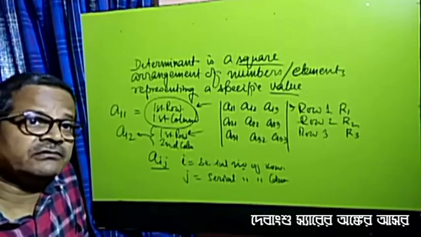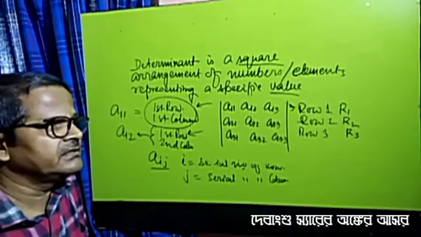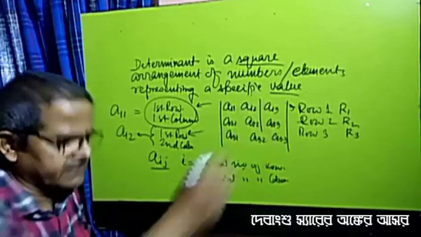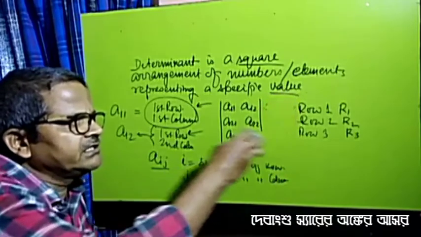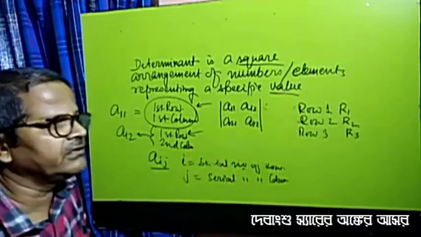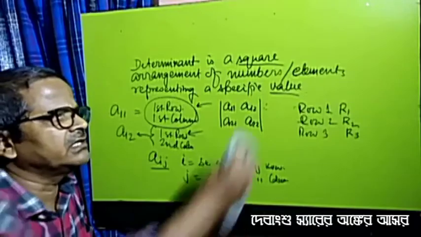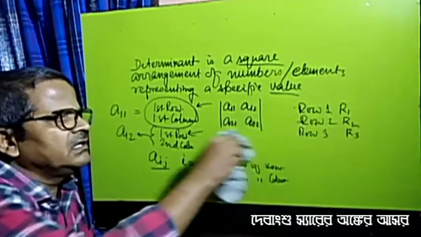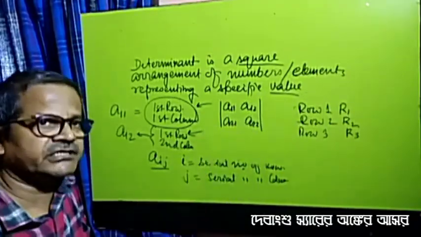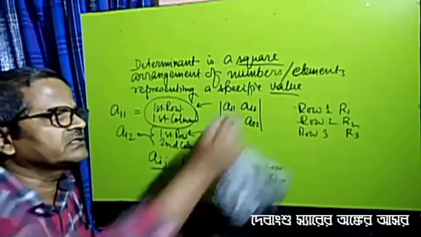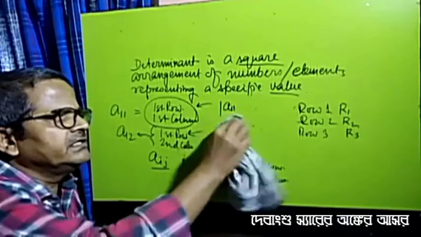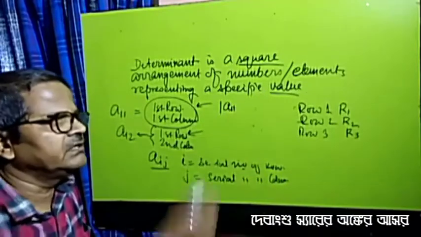If I want to write a second order determinant, it will look like this. It will contain only the elements A11, A12, A21, A22. That is second order. If we want to write a first order determinant, then it will be only this.